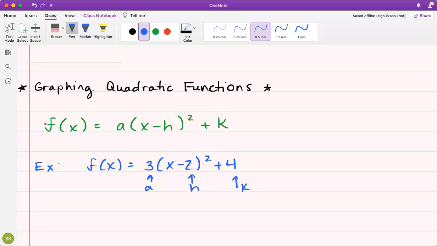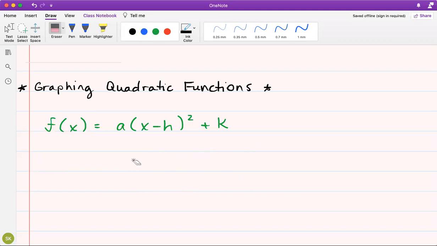When you have a quadratic function set like this, you can tell some really important information pretty quickly. One is the vertex. So the vertex is the minimum or the maximum of a quadratic function. Remember that a quadratic function is either going to look like this or this.